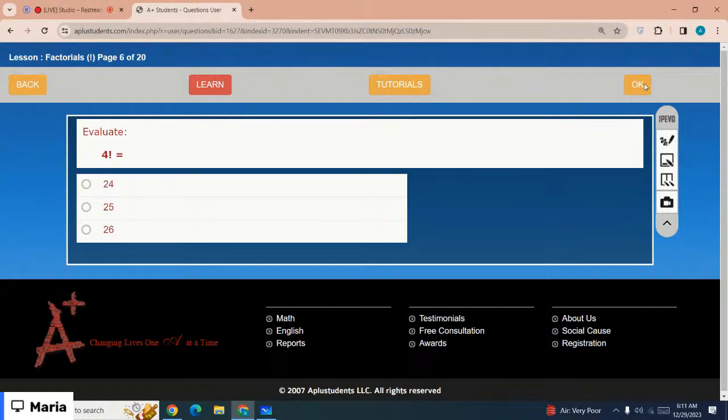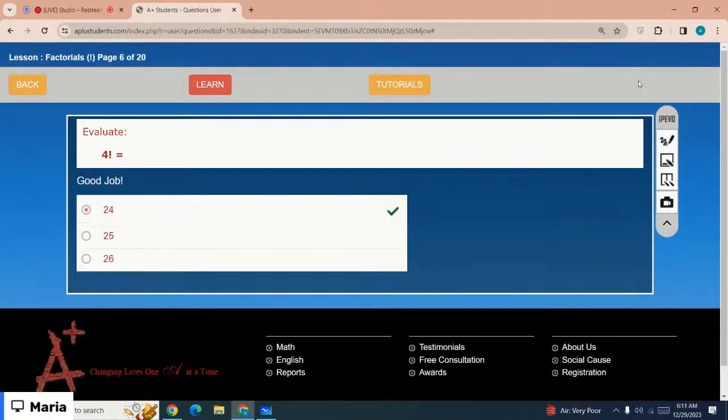Yes, the correct option is 24. 4 factorial equals 24.